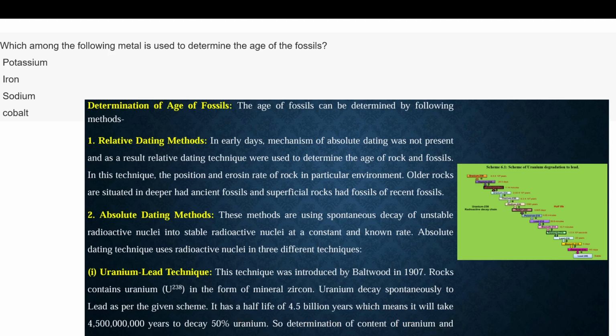The content of uranium and lead in a rock or fossil can be used to determine its age. Then there is carbon dating, or K40 potassium dating as well. So out of all these, potassium is the correct answer.